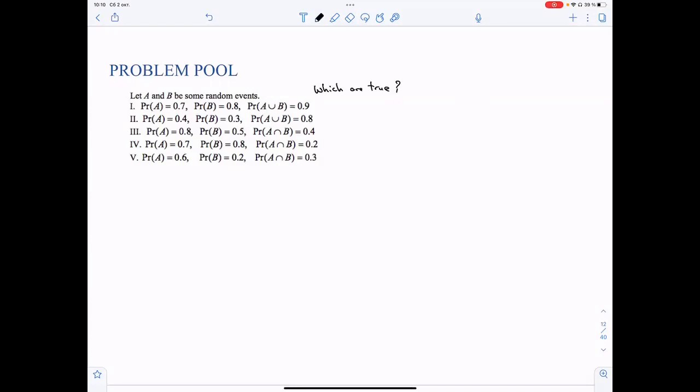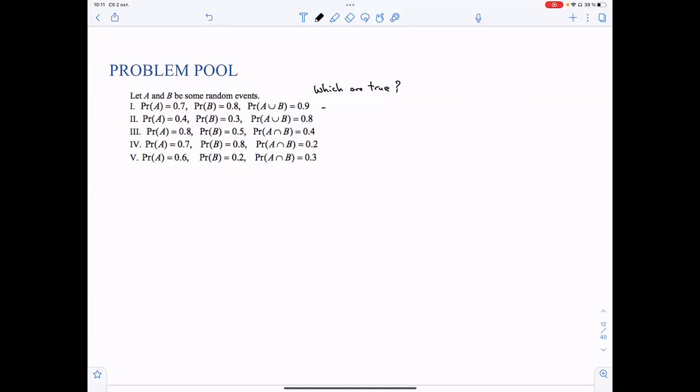All right, thank you very much. This actually depends on the definition of the probability. And here you have 2 random events. You have no idea whether these events are correlated or not. And what we need to check is whether it is possible to have these probabilities or it is impossible to have these probabilities.